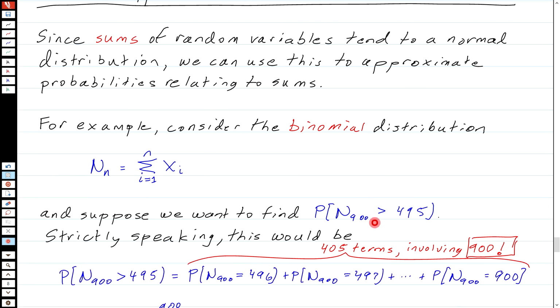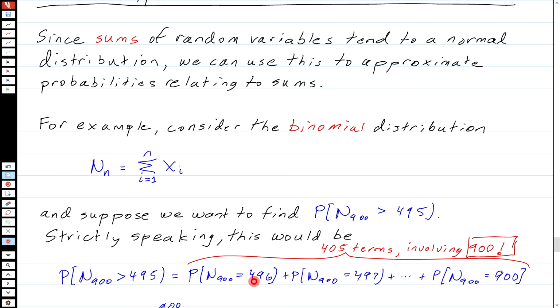Strictly speaking, this particular term would be the probability that n900 is 496, plus the probability that n900 is 497, plus ... up to n900 is 900. Well, not only are each of these a very difficult probability computation, there are also 405 terms in this sum, and they all involve 900 factorial, and that is a difficult thing to compute.